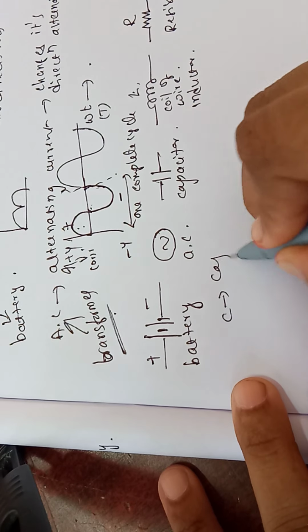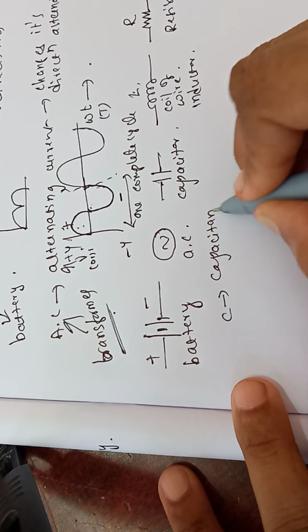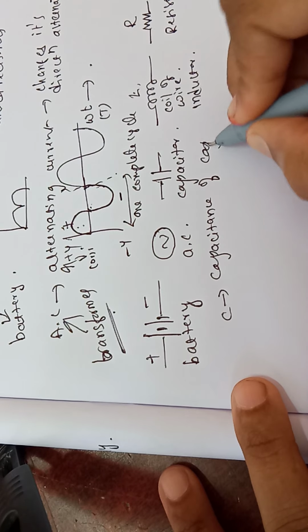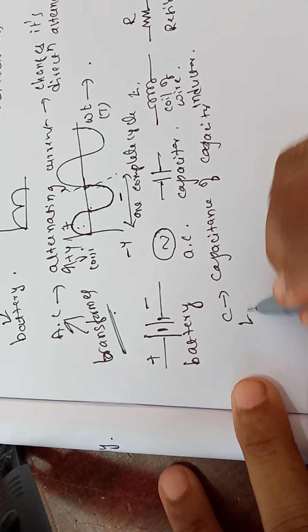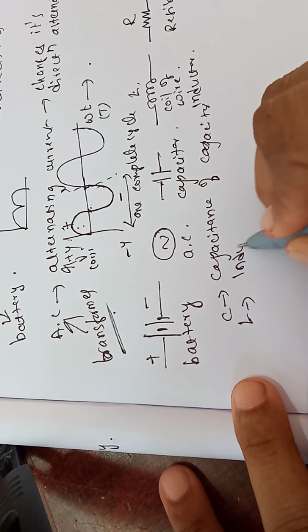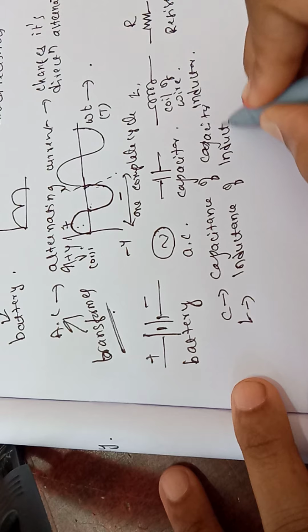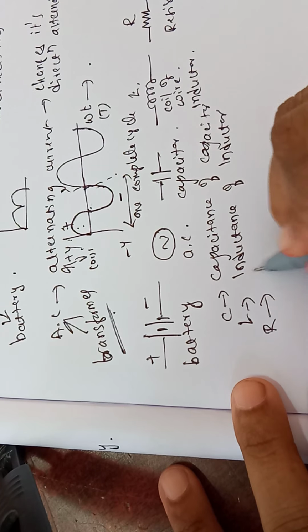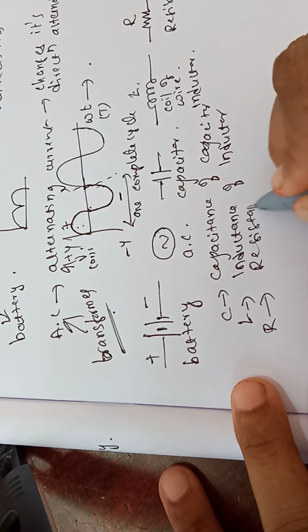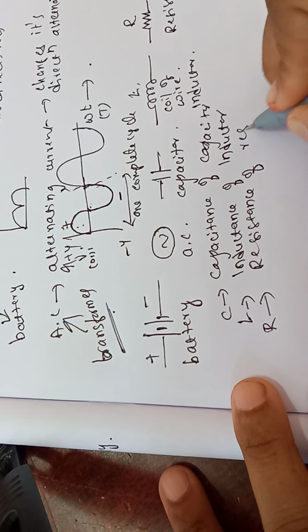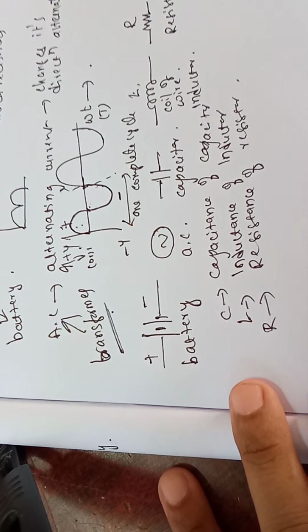C we call the capacitance of the capacitor. L we call the inductance of the inductor. R we call the resistance of the resistor.